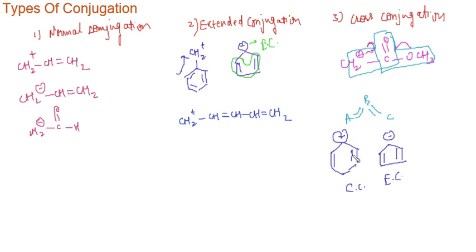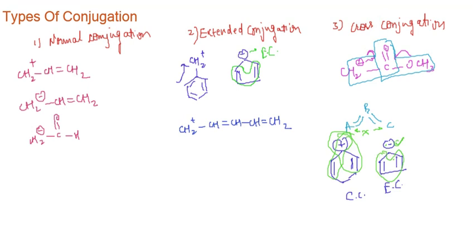Cross conjugation means this is in conjugation with this side and this is in conjugation with this side, but they are not in conjugation with each other. A and C are not in conjugation with each other. Here also this is extended conjugation. This was normal conjugation, and you have added one more conjugating structure here, so it is extended conjugation. These were extended conjugation and cross conjugation.